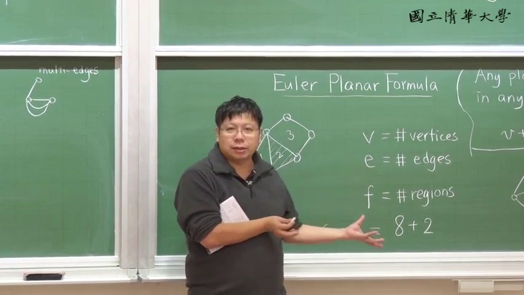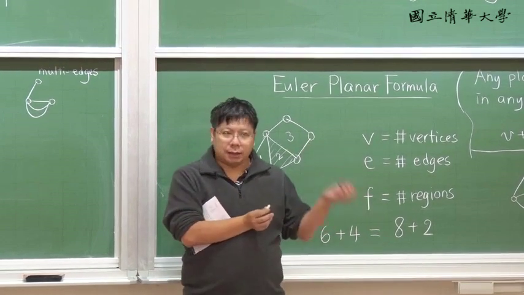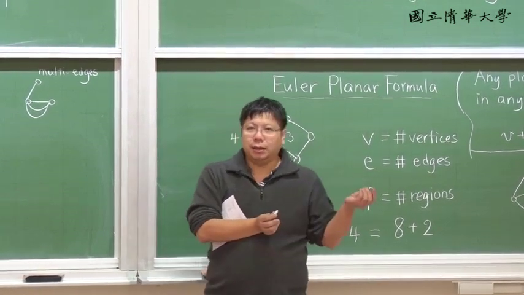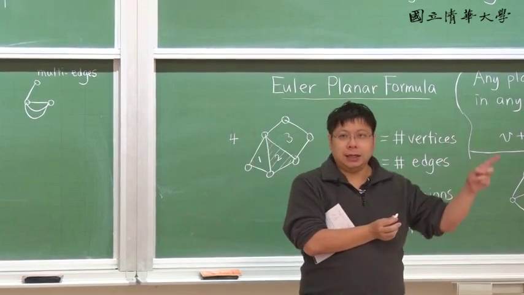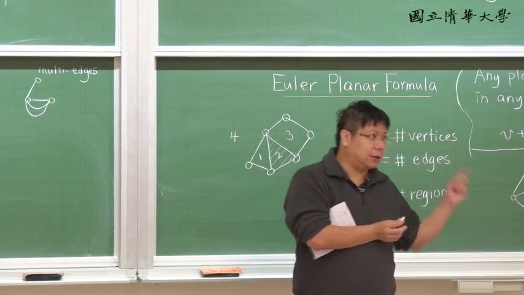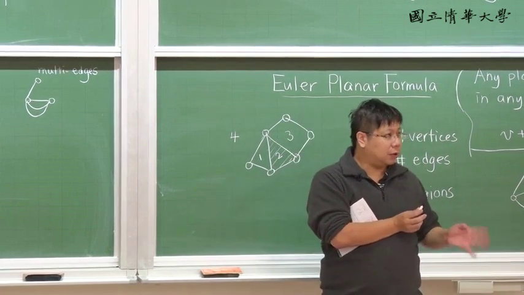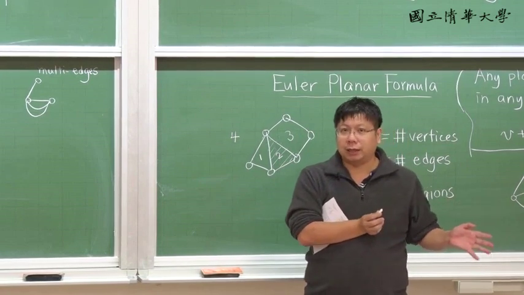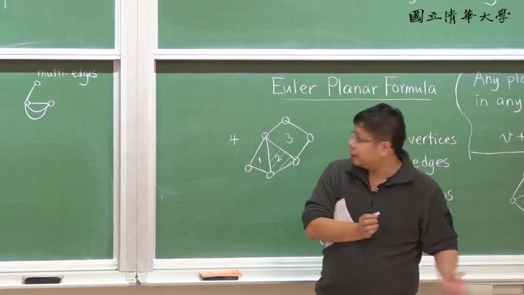You are not going to draw this on the plane. So is there a way that we can judge it by checking on the E and V value? If we just need to check on the E and V value and then we can decide whether a graph is planar or not, then it will be a good idea. We don't need to draw it at the beginning. We just show that it is impossible.